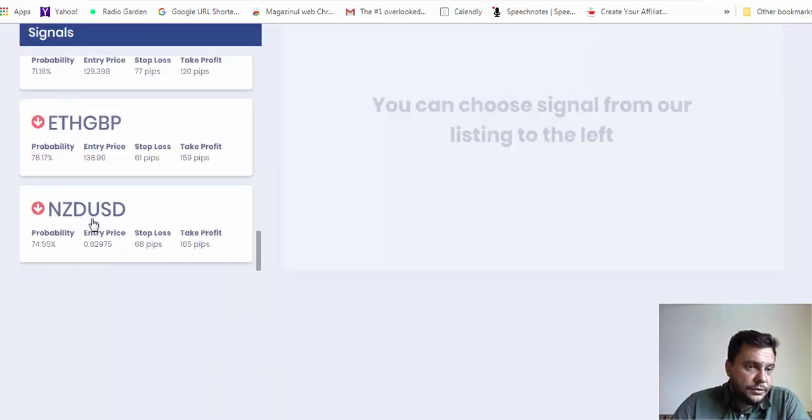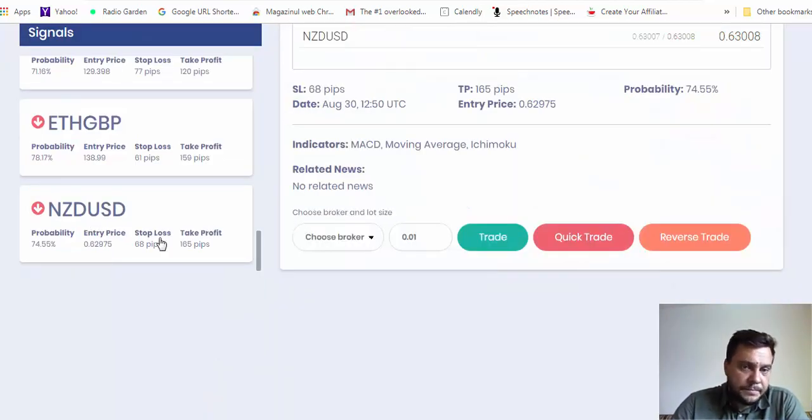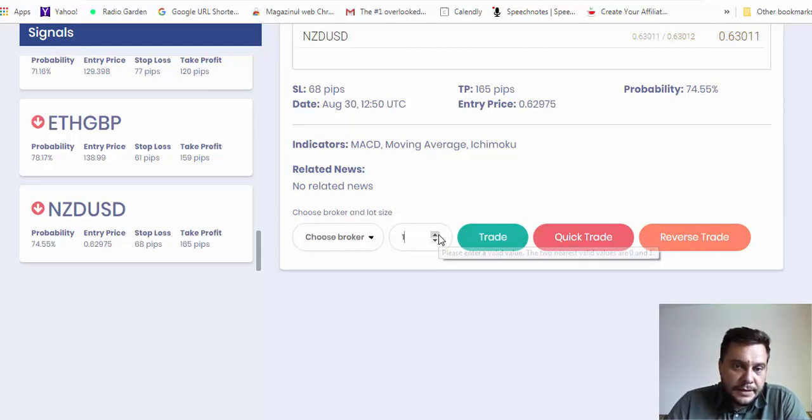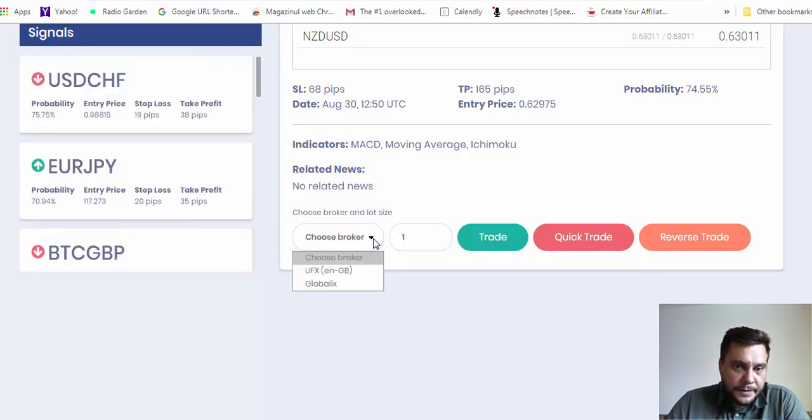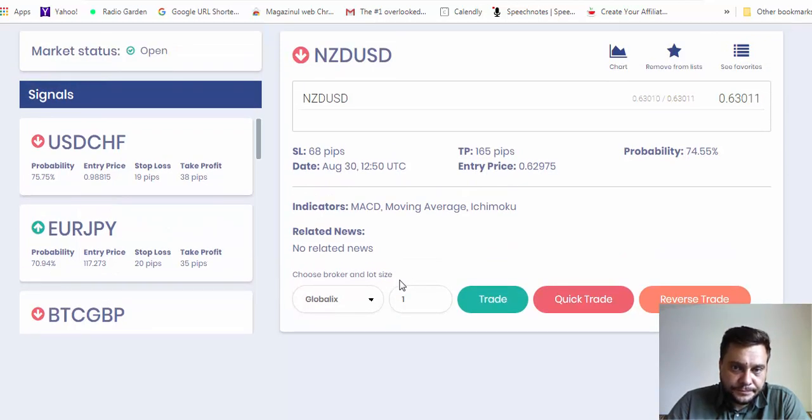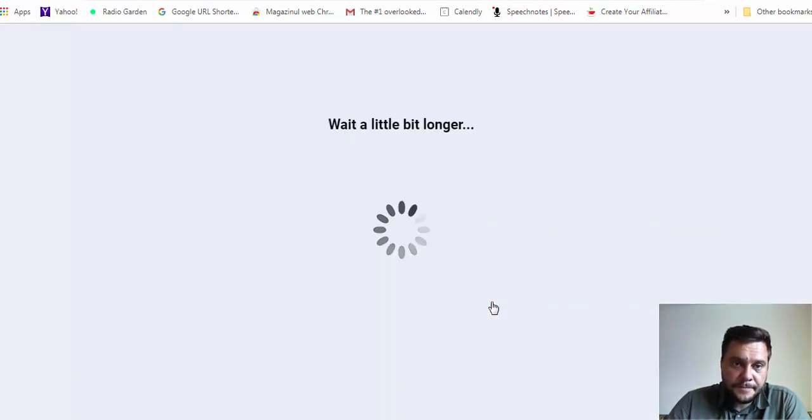We have New Zealand dollar, US dollar. It has a 74.55 winning probability. Let's set the lot volume at 1, choose the broker and just click on trade.